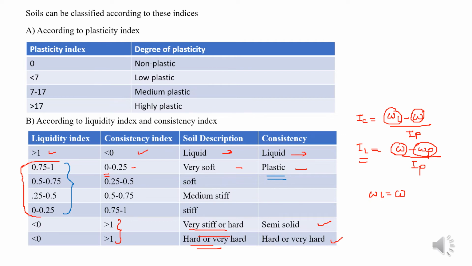So we can just observe these two equations, or these two IC and IL definitions, and we can simply write IL is equal to 1 minus IC, right? Knowing the corresponding value of IL and IC, we can tell what is the consistency of soil.